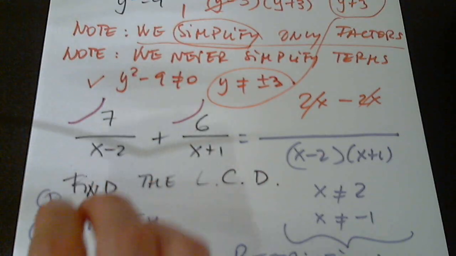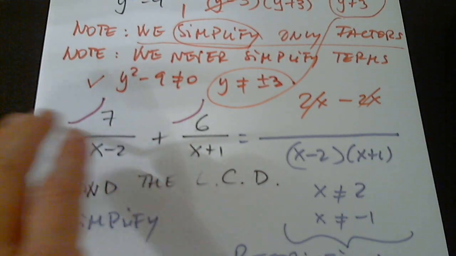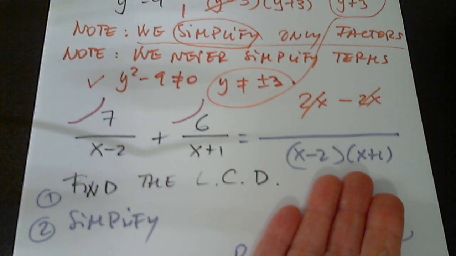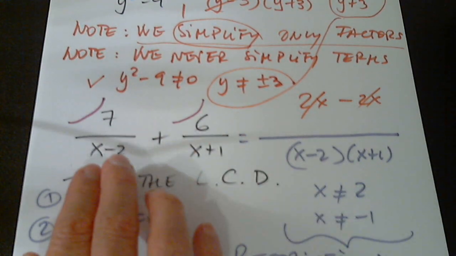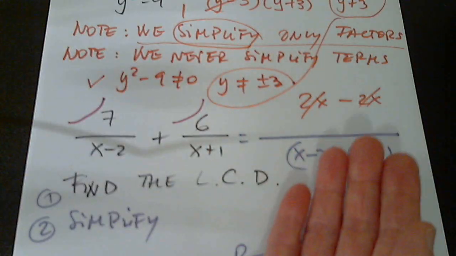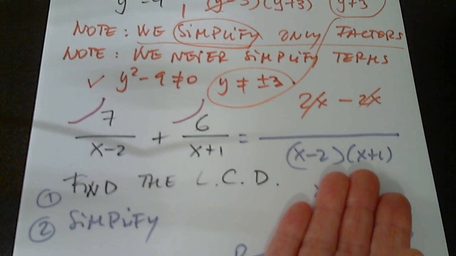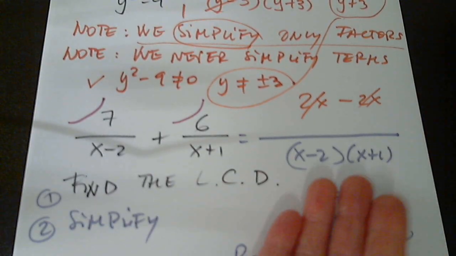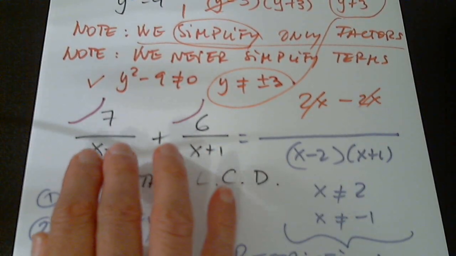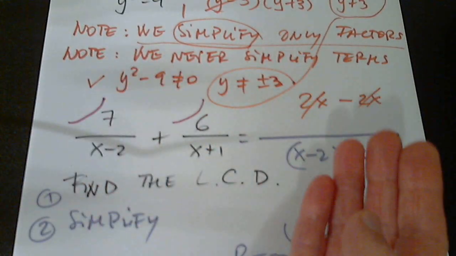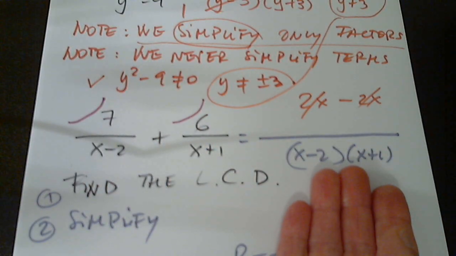So here's the answer. x minus 2 was multiplied by what to get this? x minus 2. One more time.